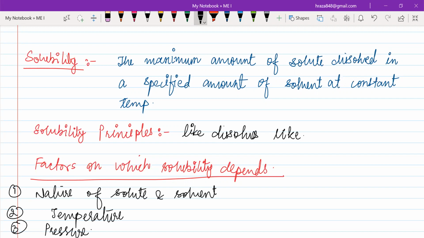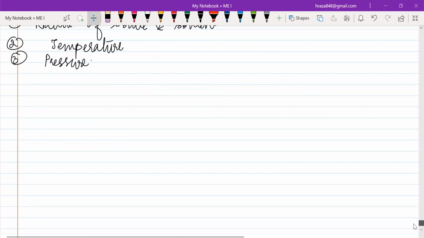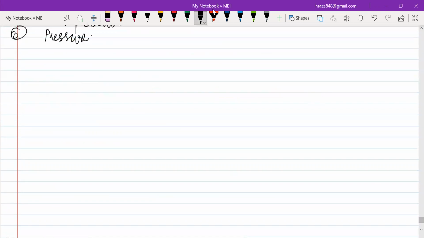So let's start with how they depend on nature of solute and solvent. As I already told you, they follow a principle that is like dissolves like.